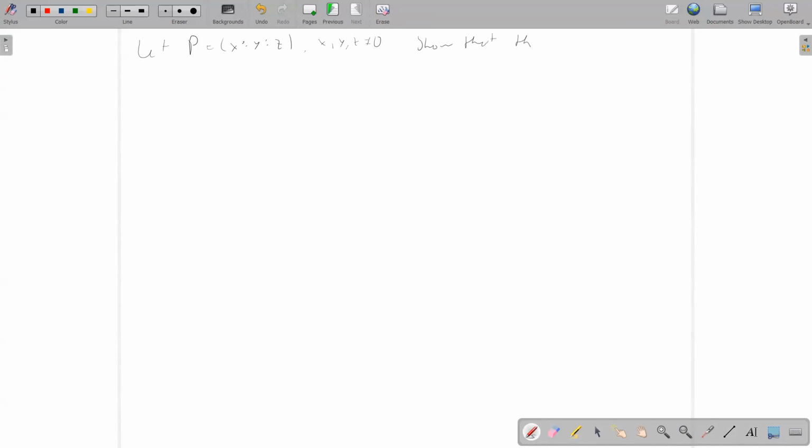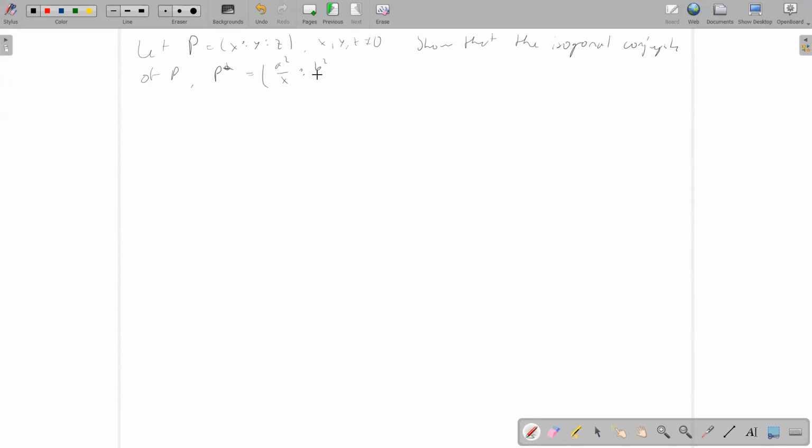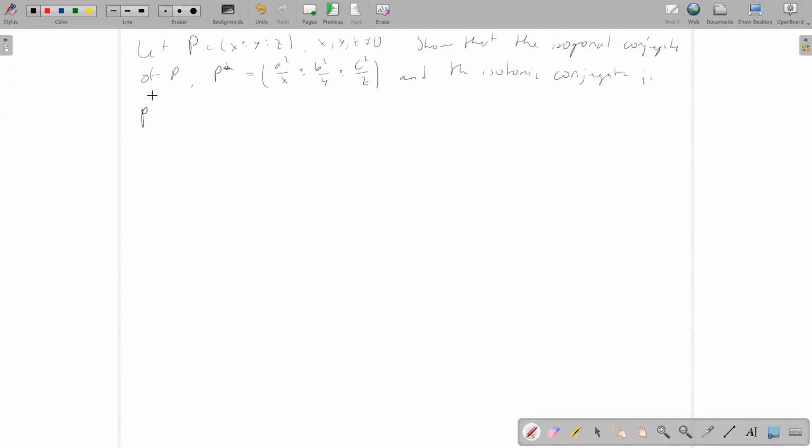Show that the isogonal conjugate of P, P star, has coordinates a squared over x, b squared over y, c squared over z, and the isotomic conjugate is 1 over x, 1 over y, 1 over z. And this is from Evan Chen's book.